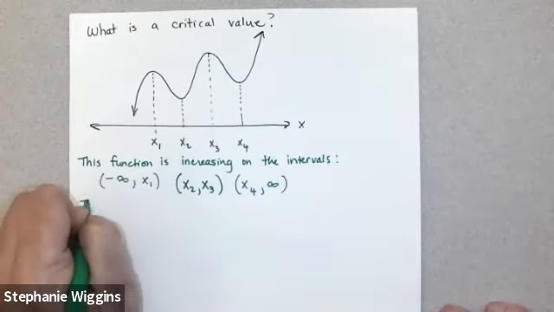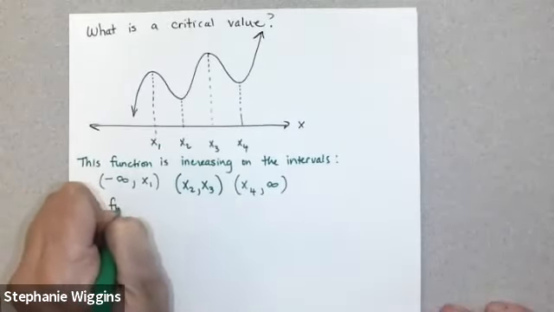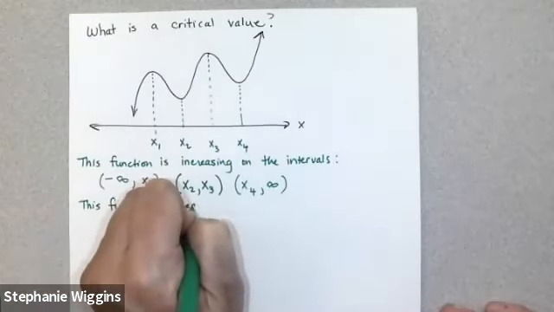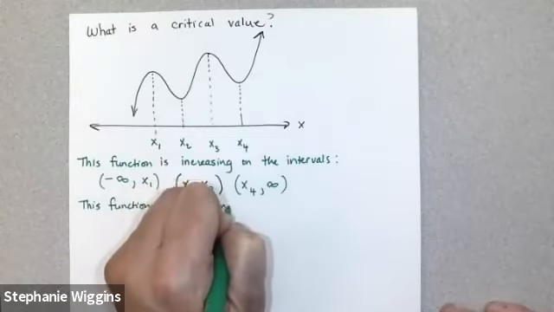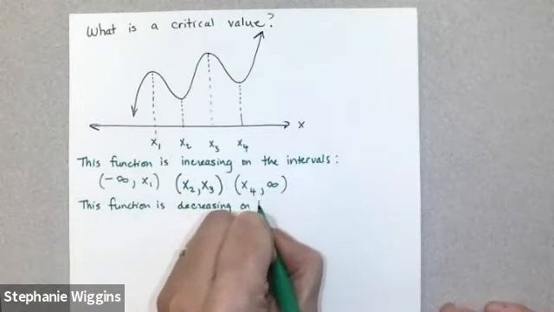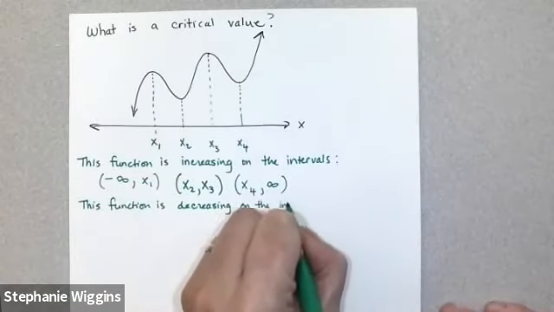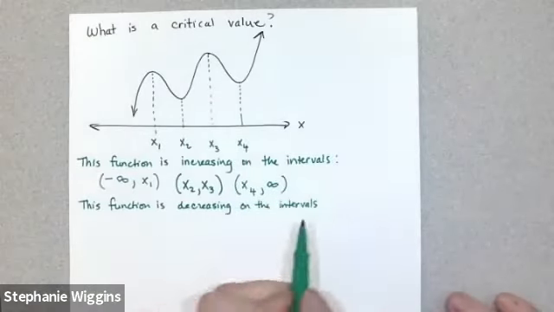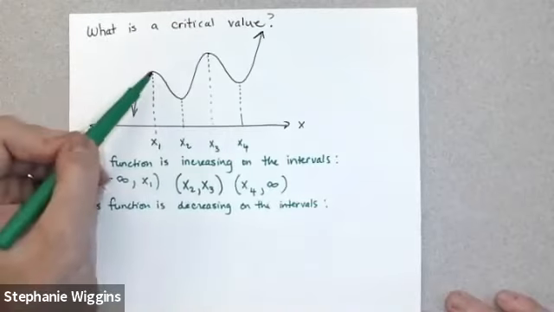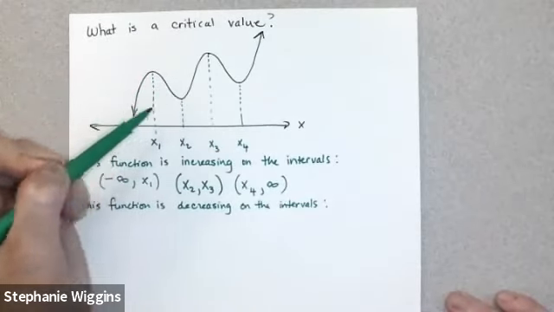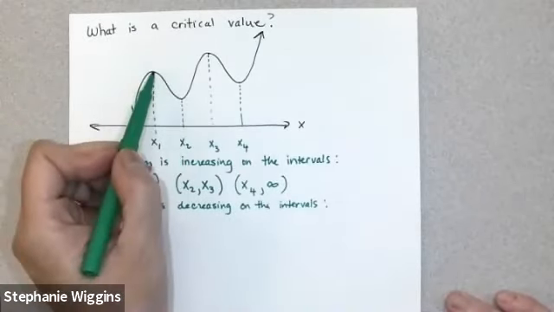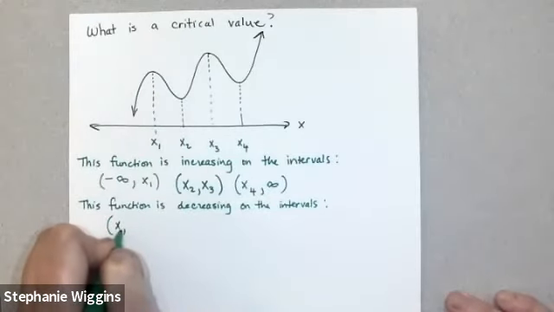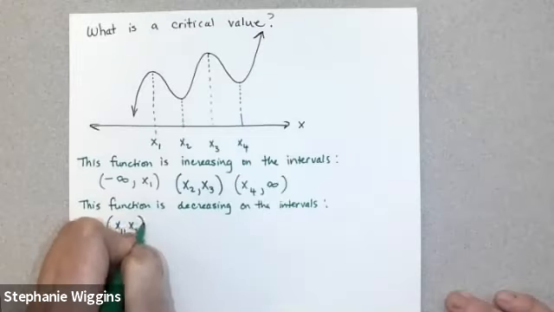And this function is decreasing on the intervals, well, here from x1 to x2, from here to here, it's decreasing. x1 to x2.